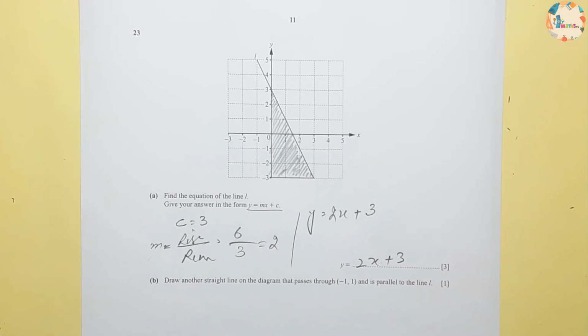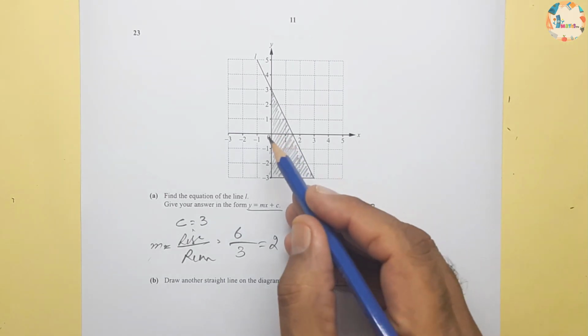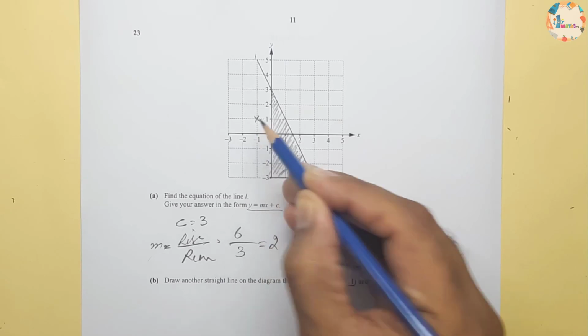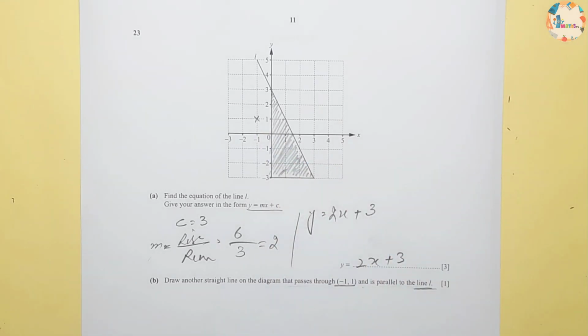Similarly, next is draw another straight line on the drawing to pass through this point and parallel to the line L. So passing through point -1 and 1. -1 and 1 will be this point. So 1 coordinate, this point is given.